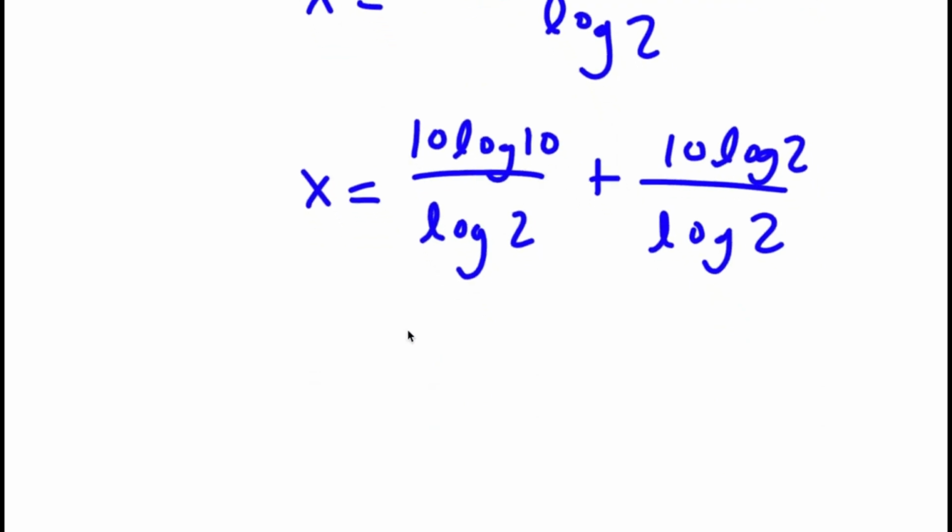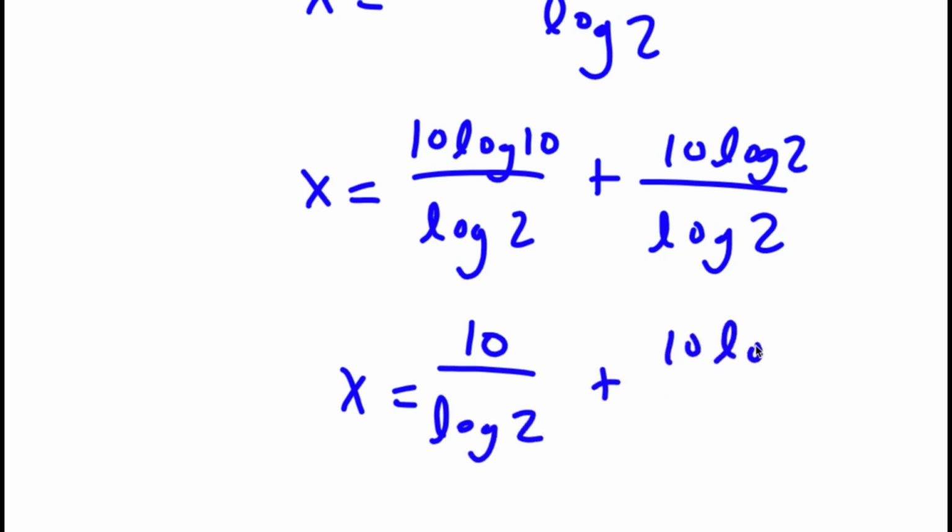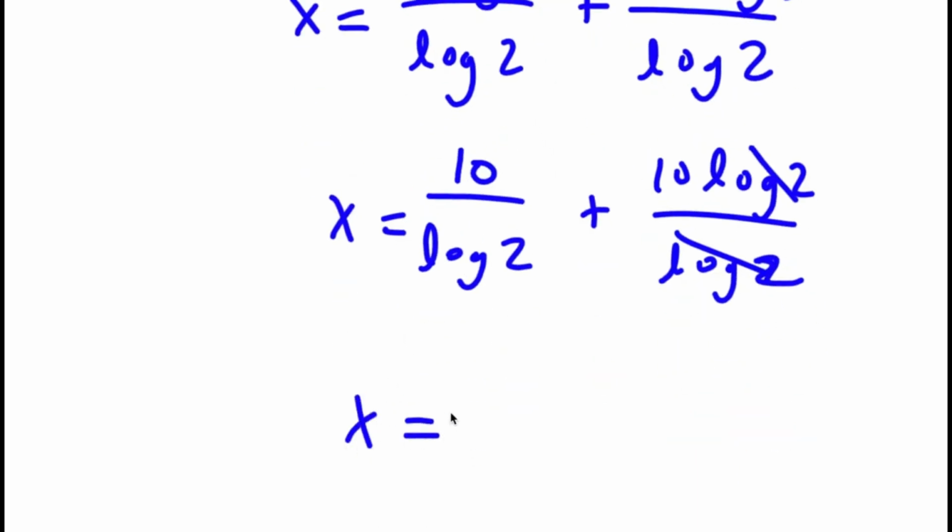Now, log 10, that's actually equal to 1. So now I have x is equal to 10 over log 2 plus 10 times log 2 over log 2. And these two log 2's are actually going to cancel out. So now I'll be left with x is equal to 10 over log 2 plus 10.